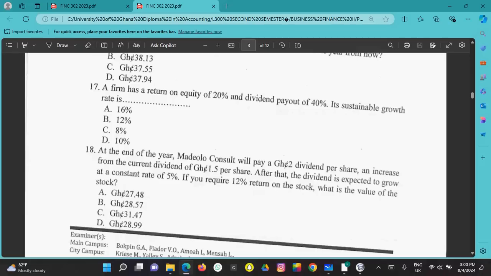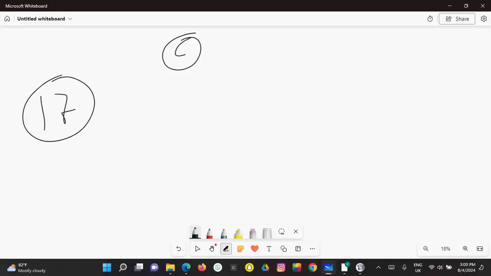So we have to now look for the retention ratio. So it is going to be R times retention ratio.